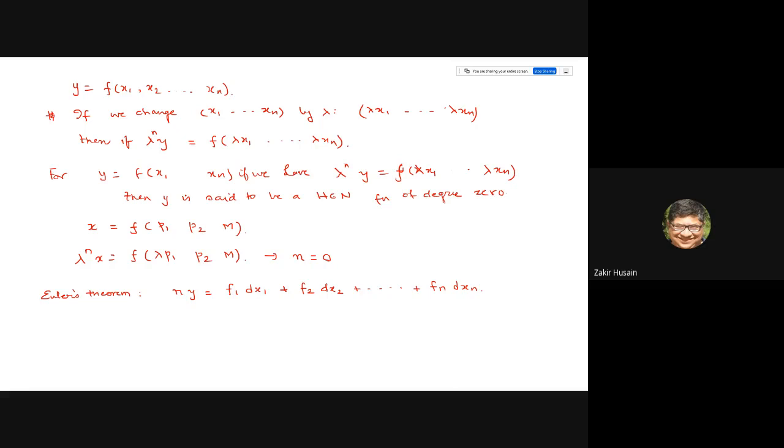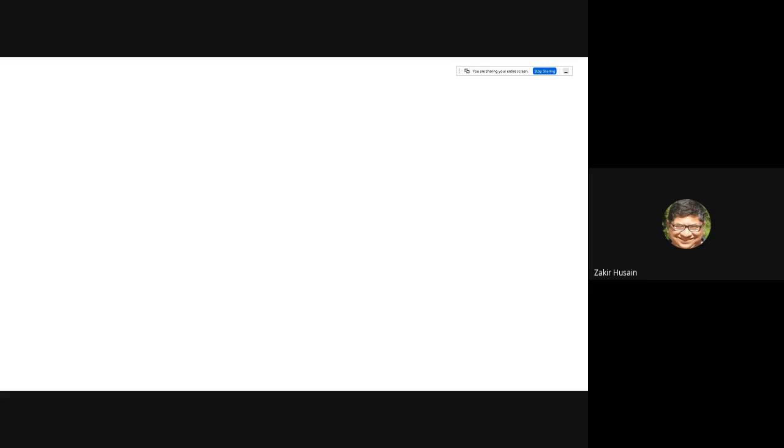So I'll prove this later on in the next class, but this is what we call Euler's theorem. And this is something that is going to be very useful later on. Now, using Euler's theorem and these properties of homogeneous functions, we can prove some very small but very interesting results.